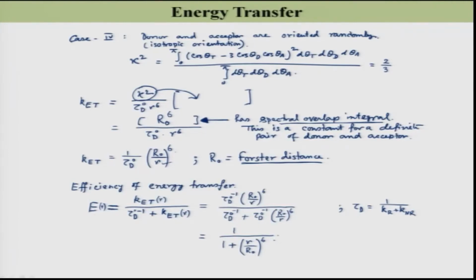As I told you earlier, if this is my emission spectrum of the donor, in the presence of acceptor there is a decrease in the intensity and an increase in the intensity at another wavelength.